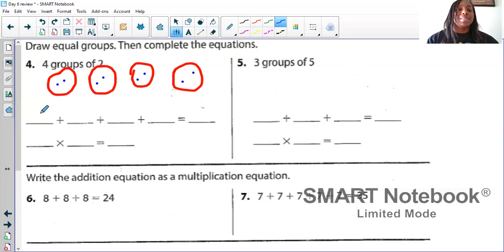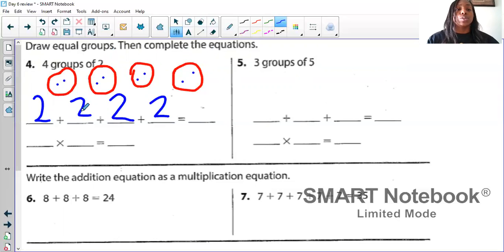So with that being said, what should this equation look like? Should I be putting 4 plus 4 plus 4 plus 4? No, I need to put 2 plus 2 plus 2 plus 2. So pretty much what we're doing is we're taking that number at the end, and we're repeating it for our repeated addition to show those 4 groups.